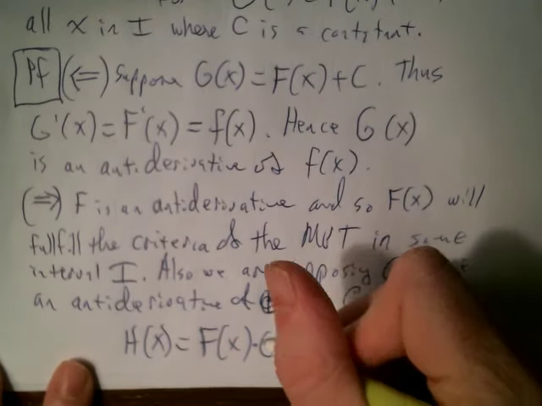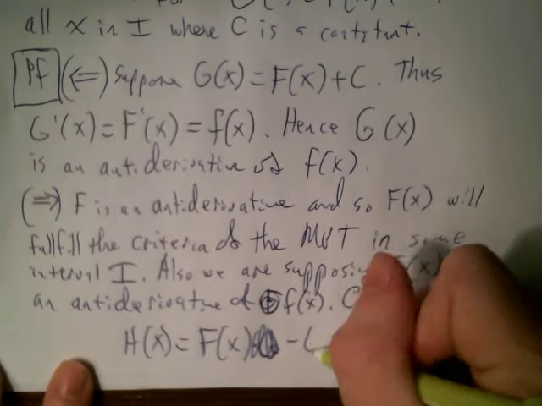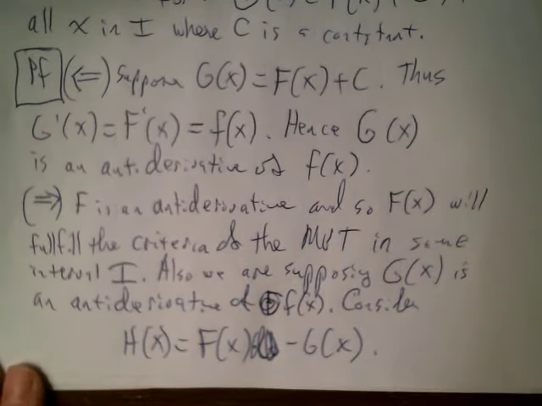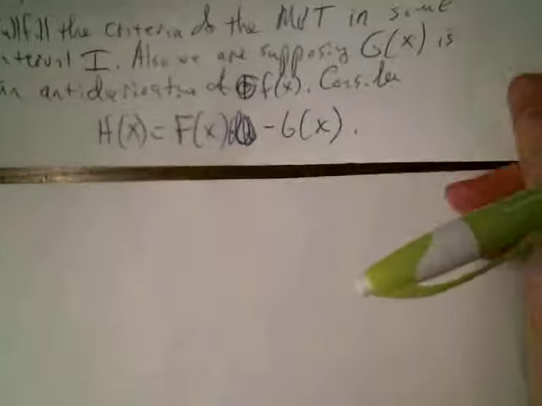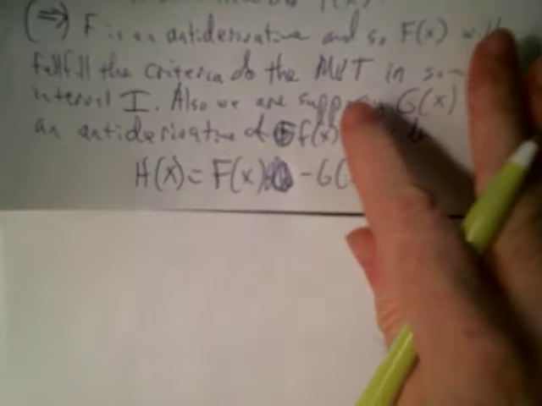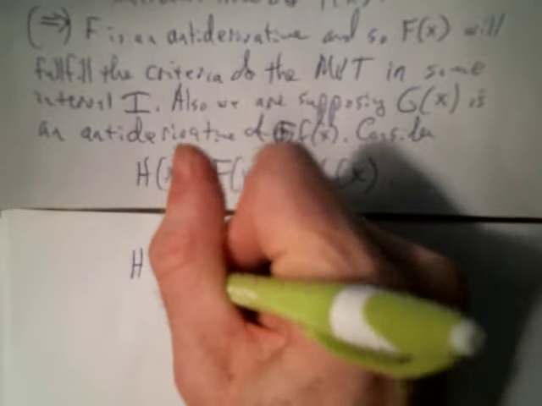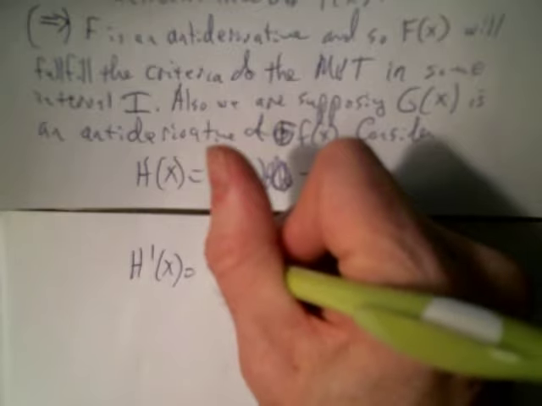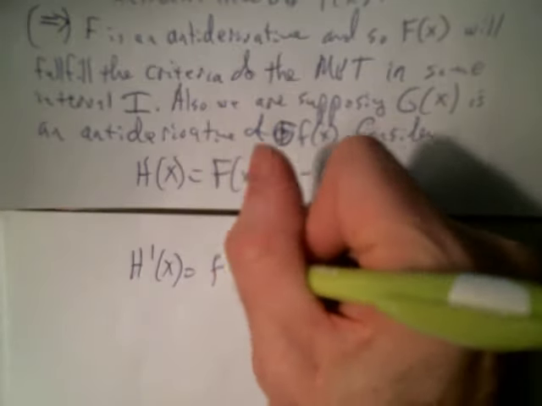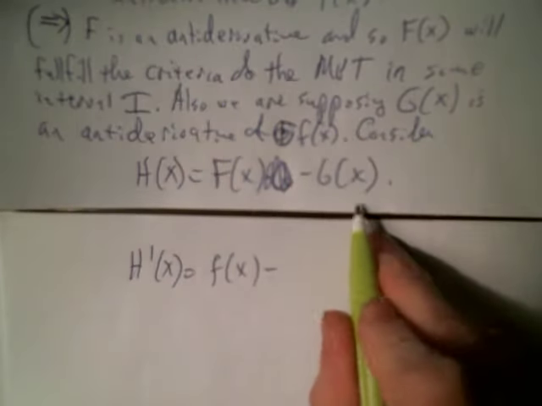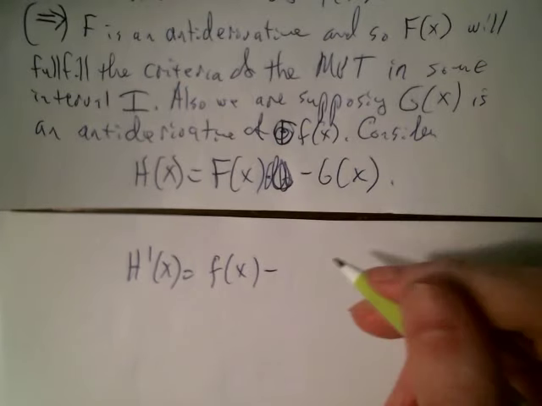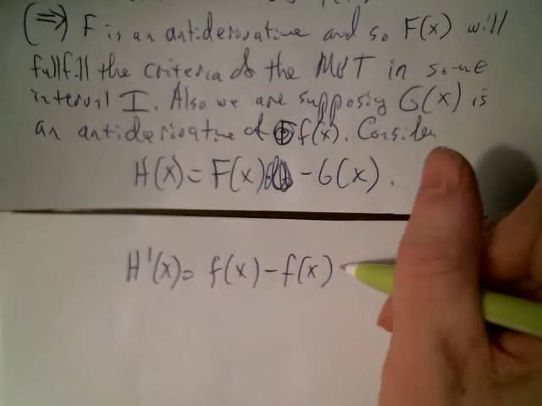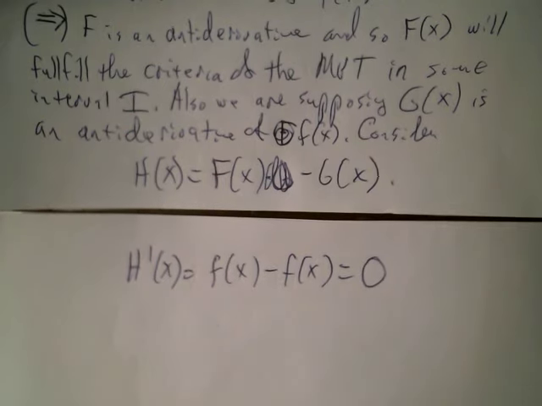So F of x minus G of x. We note also one thing we'll want to have in our back pocket is the derivative h prime of x on this interval will just be big F prime of x, which is f of x. And then because G of x is the antiderivative of f of x, this will also be f of x, which will mean in this particular interval, the derivative of h of x is 0.